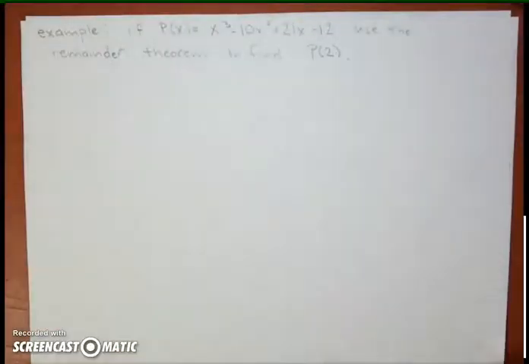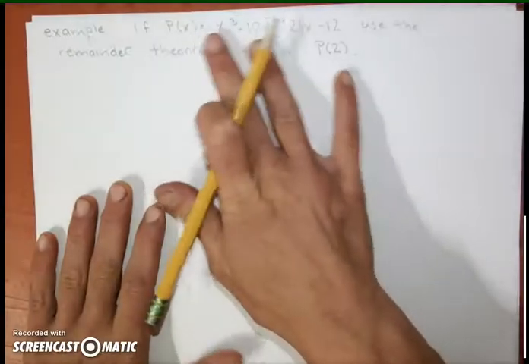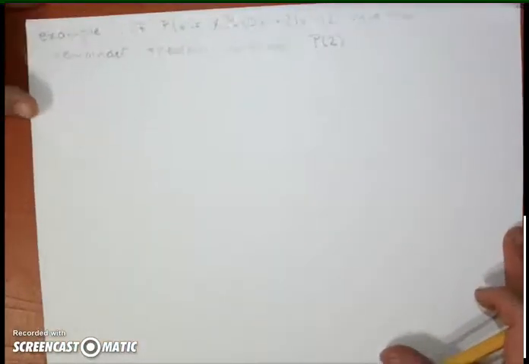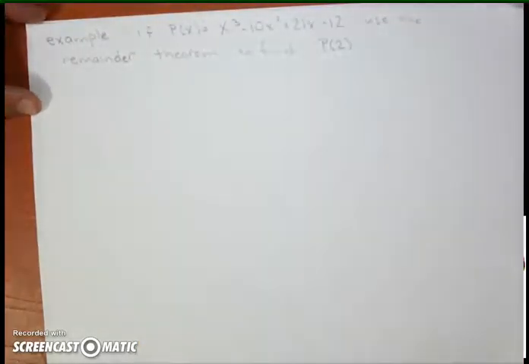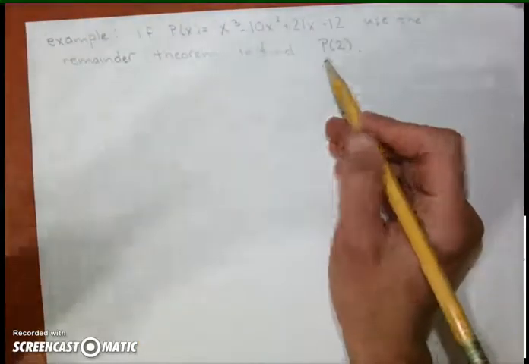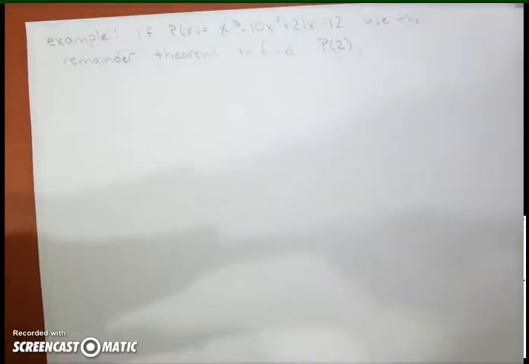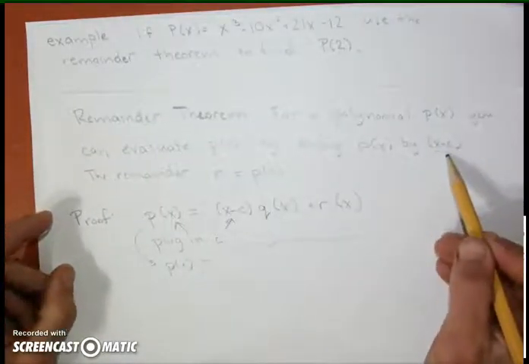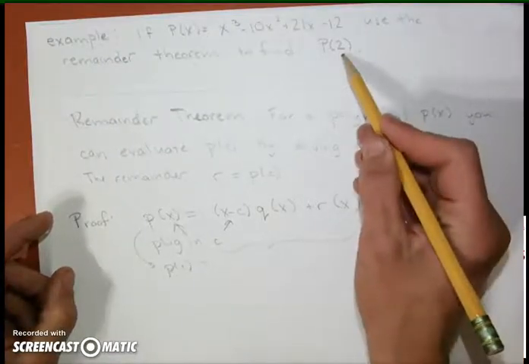So let's do an example where we actually use this division algorithm. So here's my polynomial, x cubed minus 10x squared plus 21x minus 12. And I want to use the remainder theorem to find p of 2. So again, the remainder theorem says I divide by x minus c. So in this case, c is 2.